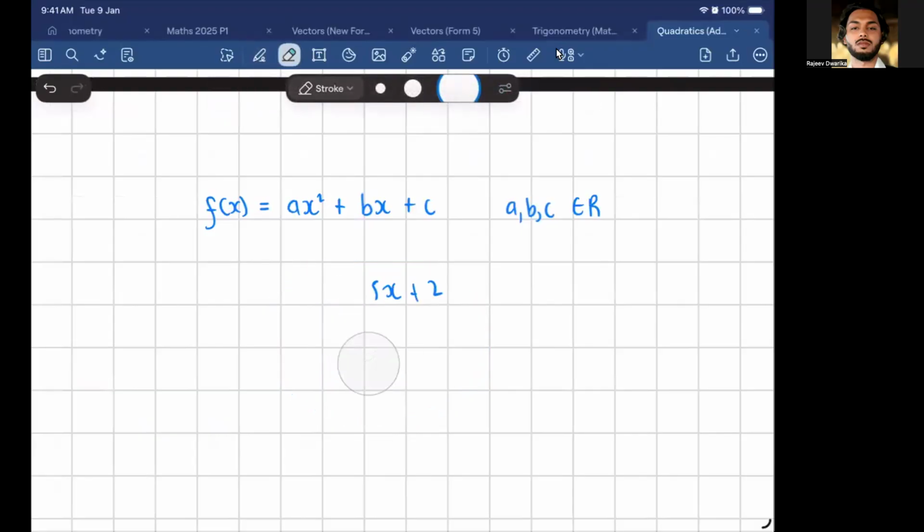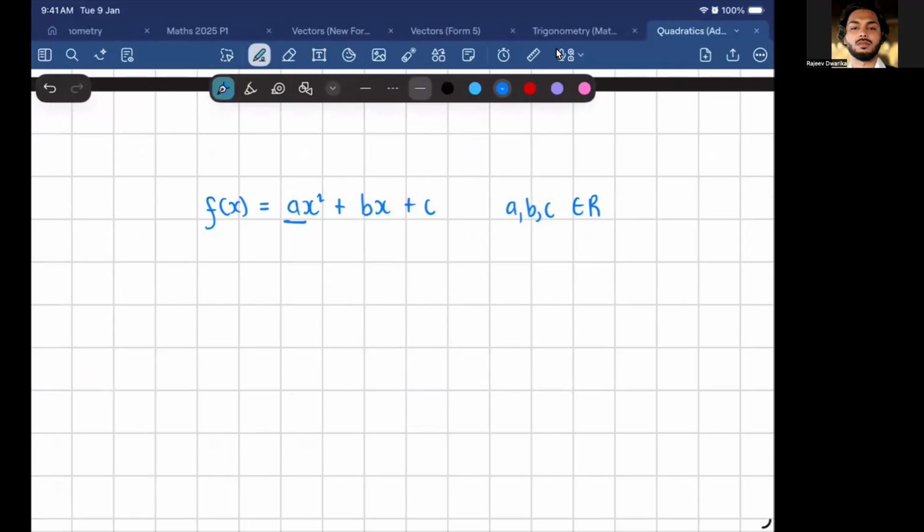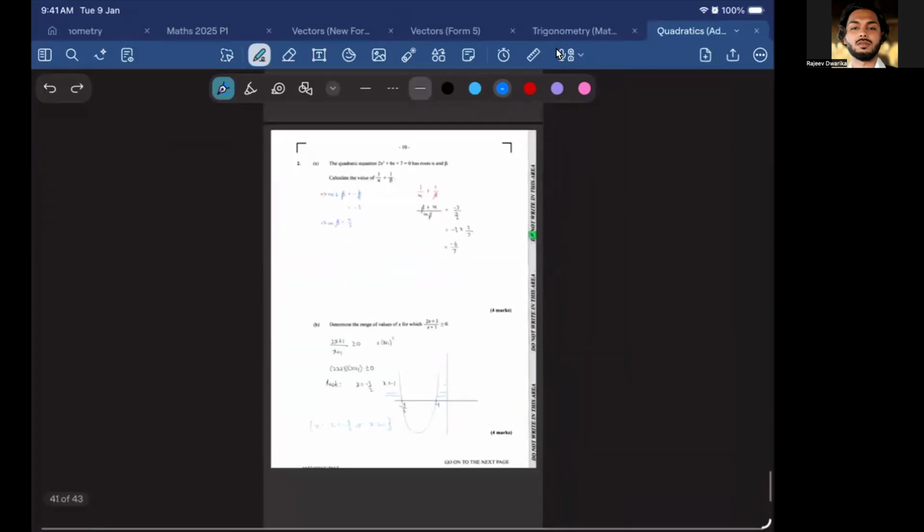So Serena, you okay with that part? Don't let the A, B, and C confuse you. They could be any number, right? Yes, sir. Now, Serena, you remember what happened when we were trying to do the diagram for the questions whose coefficient for x squared was more than 1? Let me show you what I mean.